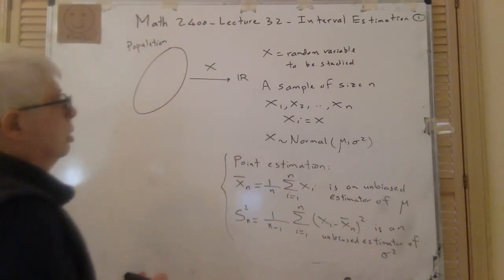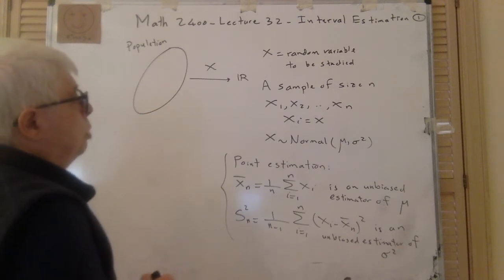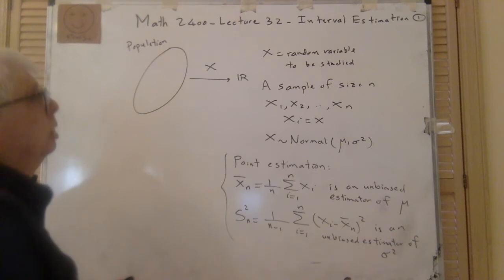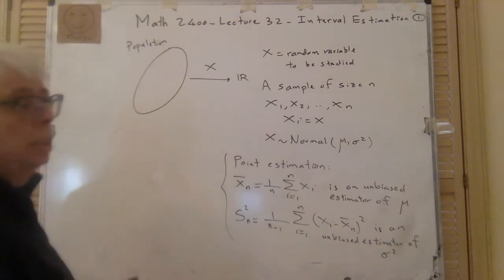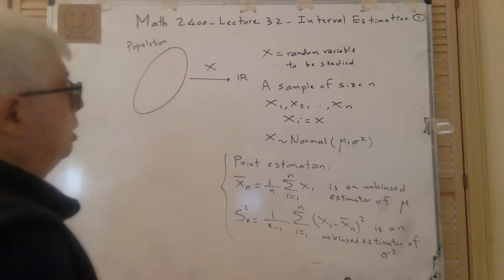So, we have a population and we have defined a random variable on this population, and we want to study that. This random variable can be, say, the age of people in a city. The population can be people in that city.